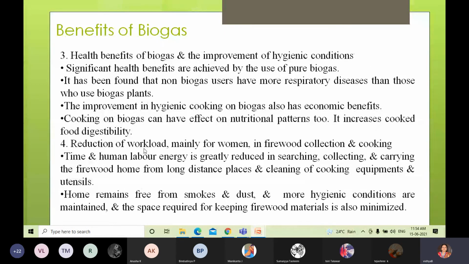Next, reduction of workload, mainly for women, in firewood collection and cooking. Even though many people are using gas, some poor people still use firewood and cook on that only. Time and human labor energy is greatly reduced.